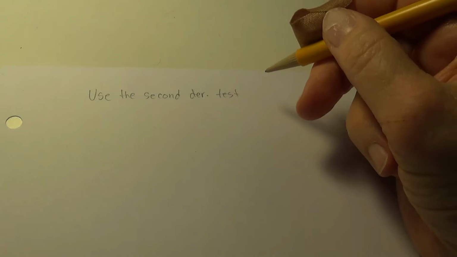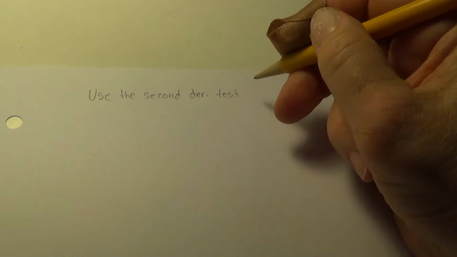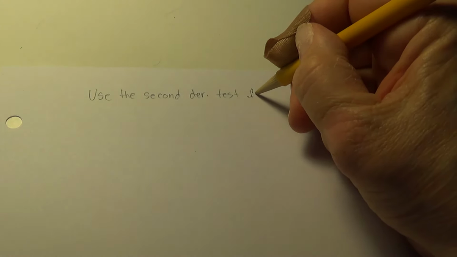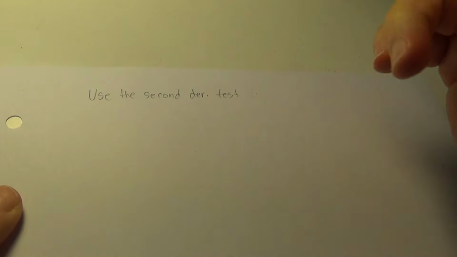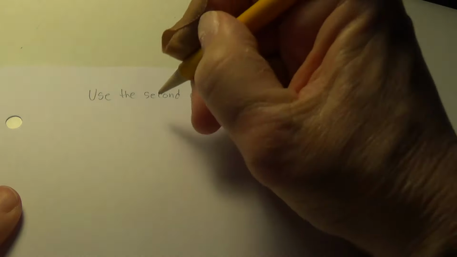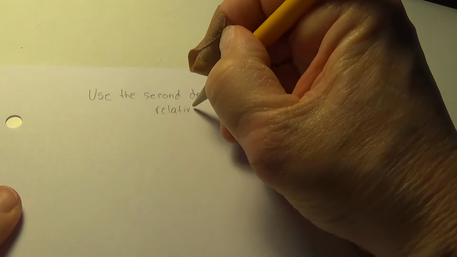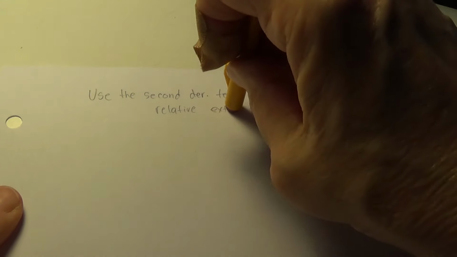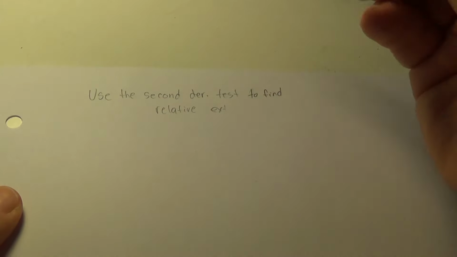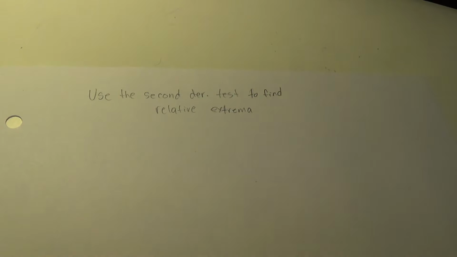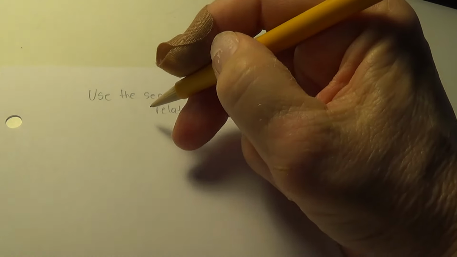We're using these tests to find relative extrema. And that's just another word for max and min. So relative extrema: relative max and relative min. So never lose sight of what we're looking for when you hear the first and second derivative test.